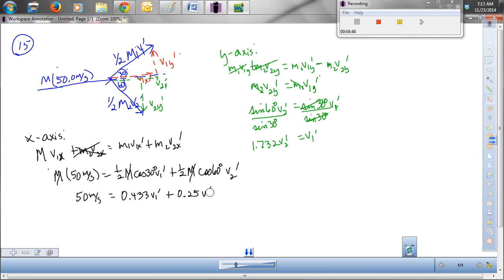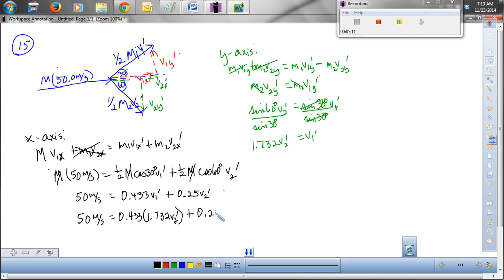Now there's a problem. V1 prime is really the same thing as 1.732 V2 prime. So I got to put that in for this B1 prime here. So 50 is equal to 0.433 times 1.732 B2 prime. That was a substitution I made, plus 0.25 B2 prime.